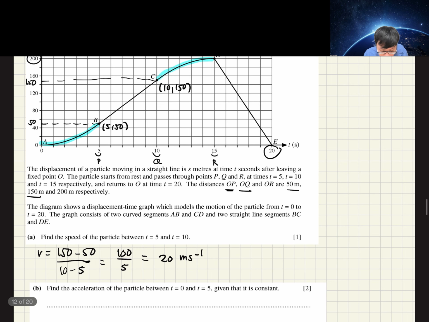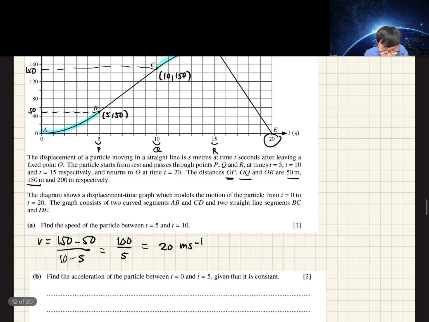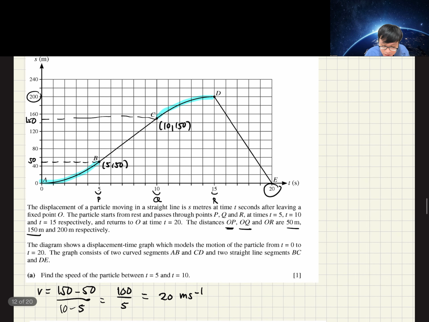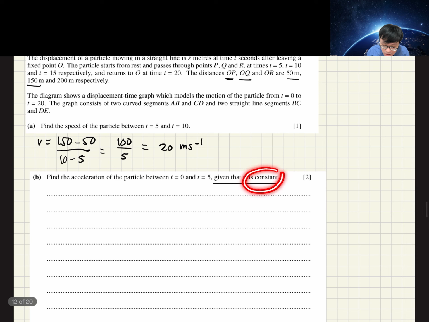The second question is the acceleration of the particle from 0 to 5, given that it is constant. Now, we don't have the formula of the acceleration when you are given a displacement time graph, but we can use the SUVAT equation because the question says constant acceleration. We know that the object starts from rest, so u is 0 meter per second.